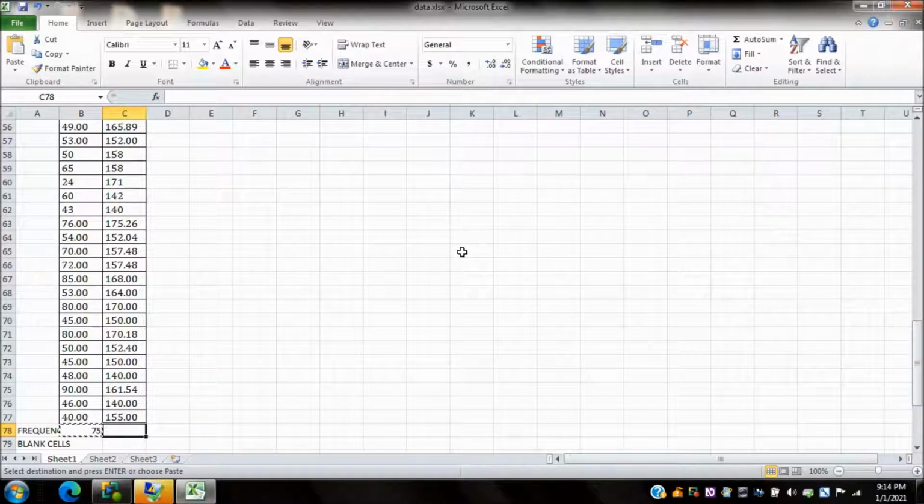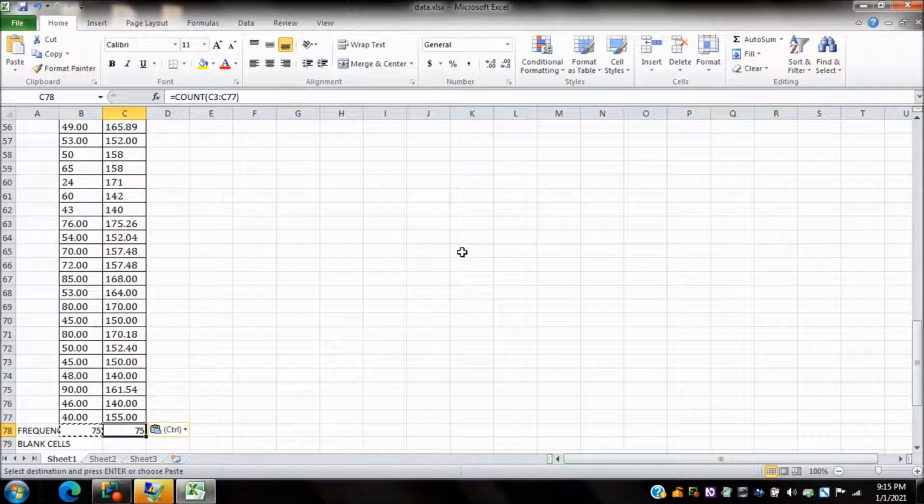C78, height. And I'll paste the formula here. 75 as formula C78. And NVDA reported the same value, which is 75, meaning there are 75 cells under the height column that have numerical values or data.